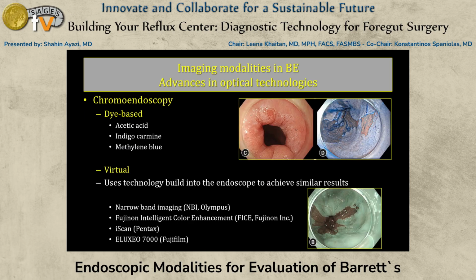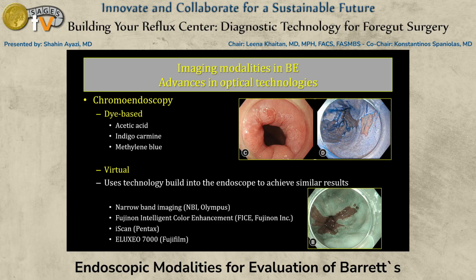The other advances in optical technology include use of chromoendoscopy, that can be done as dye-based or virtual chromoendoscopy. The most commonly used dye is acetic acid, as you can see in figure C in this slide, and methylene blue is no longer recommended as a dye agent.